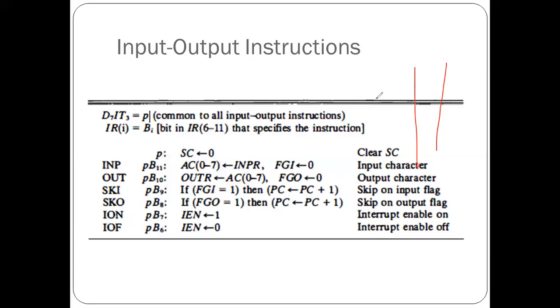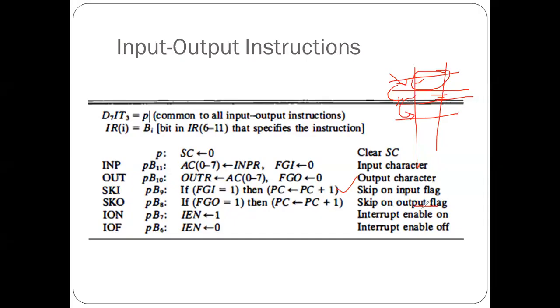Because if you have a series of instructions, while fetching this instruction the PC is incremented by 1 to point to this instruction. At the execution of this instruction, the PC is incremented again, which means the following instruction is skipped. So likewise you can skip based on the input flag.